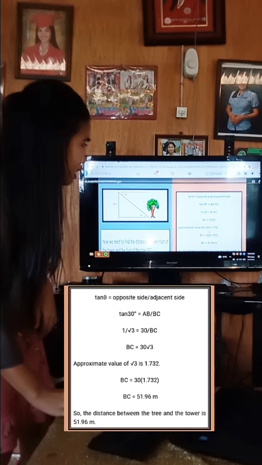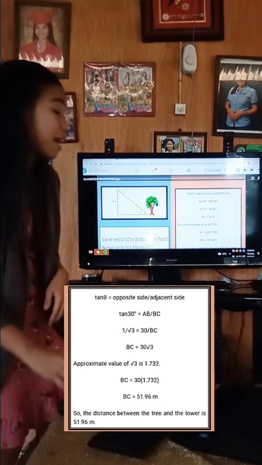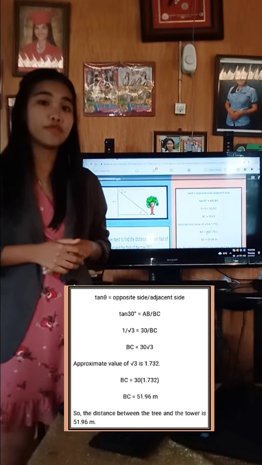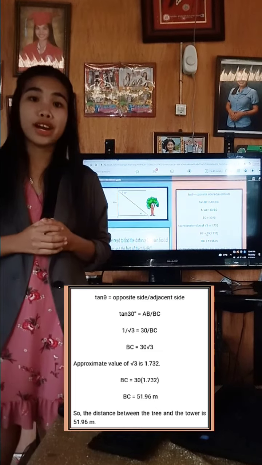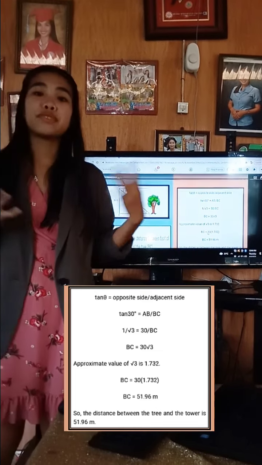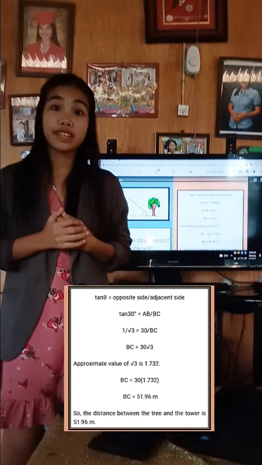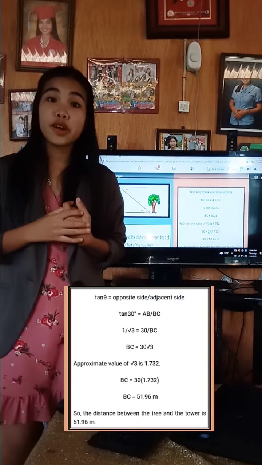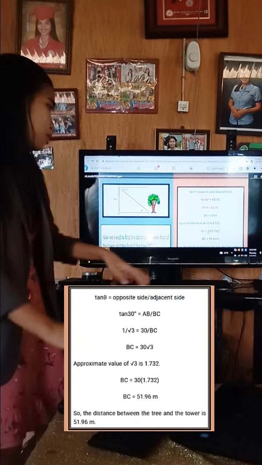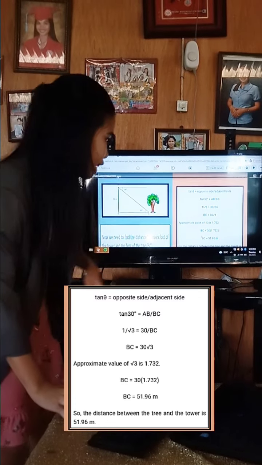We need to find the approximate value of the square root of 3. As we type the square root of 3 in the scientific calculator, the approximate value is 1.732.